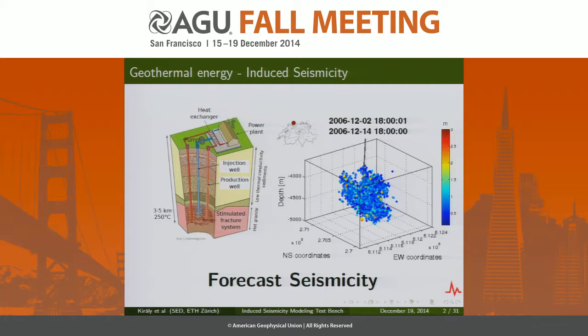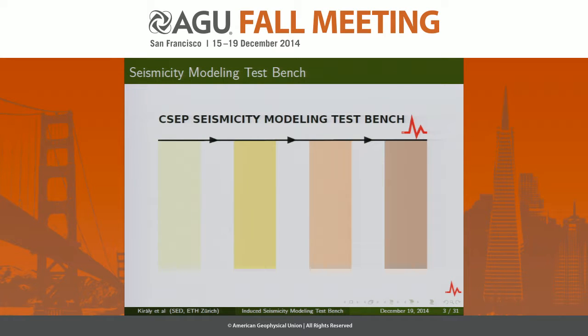As I mentioned, we'd like to forecast seismicity, and it's already quite well established how we can do modeling and testing of forecasts by the Collaboratory for the Study of Earthquake Predictability, the CSEP community. They developed 4 pillars: the data, the model, testing, and the application.